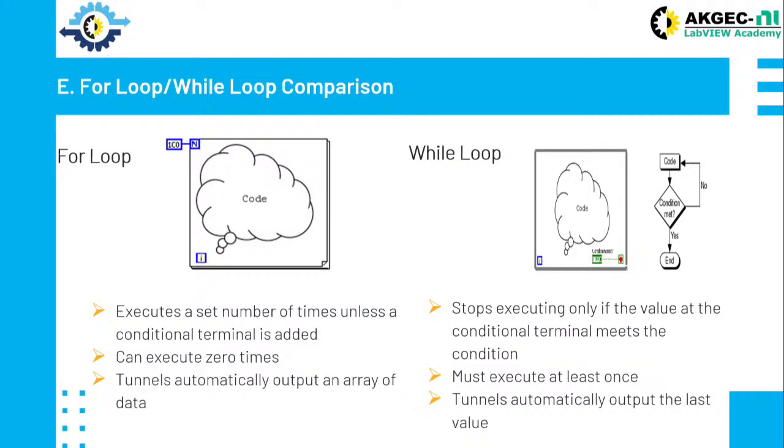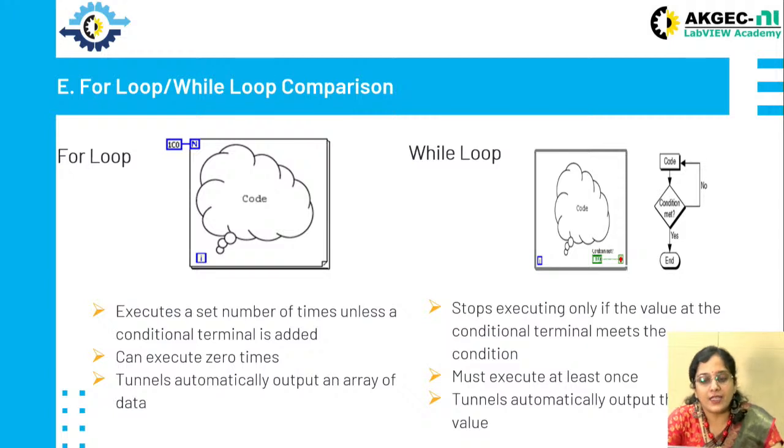Otherwise the for loop will be executed for 10 iterations. If N is 0, then the code cannot be executed even a single time. And tunnels automatically output an array of data, so in case of a for loop we will have all the iteration values in an array.